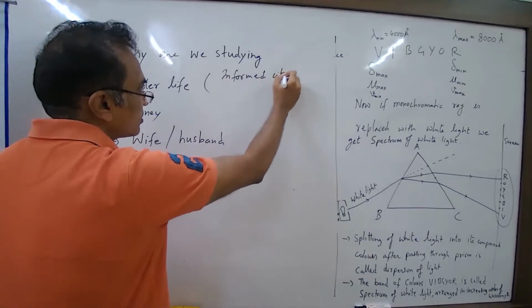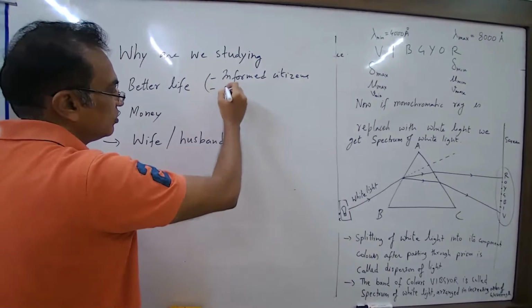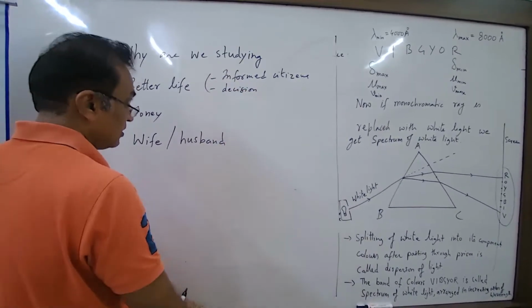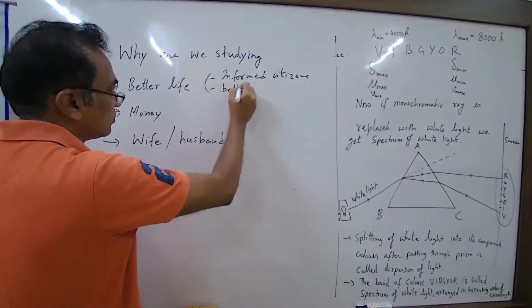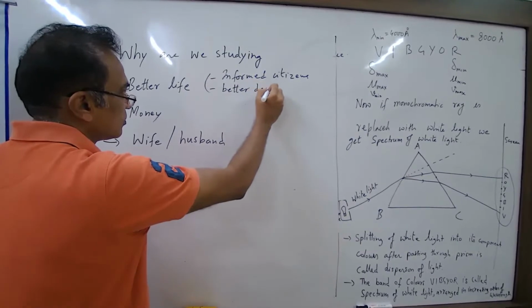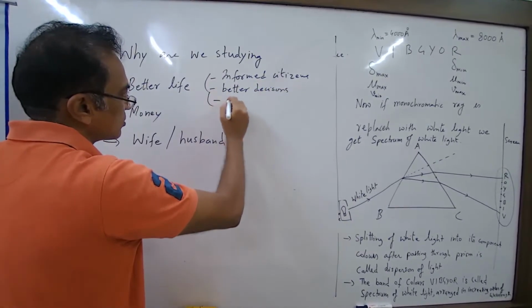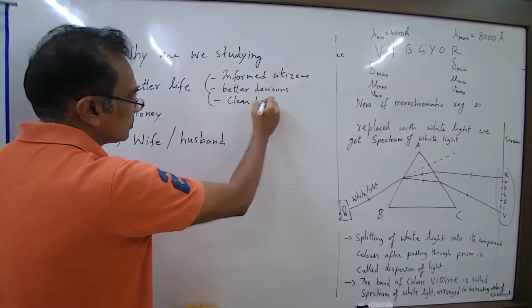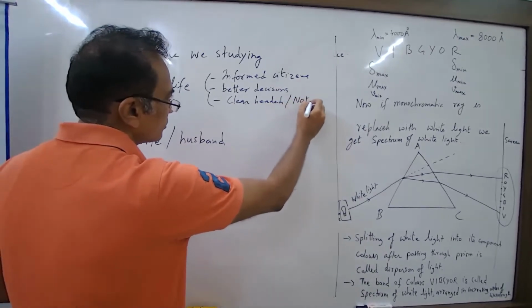If you are informed citizens, you will be able to take decisions for yourself, you will take better decisions about everything. So you will be clear-headed, that is, you will not be confused.